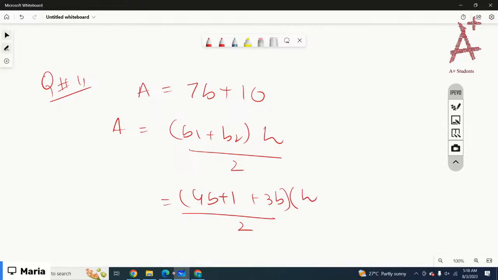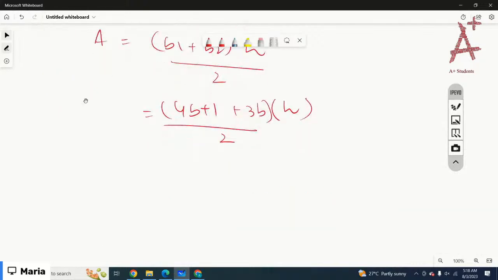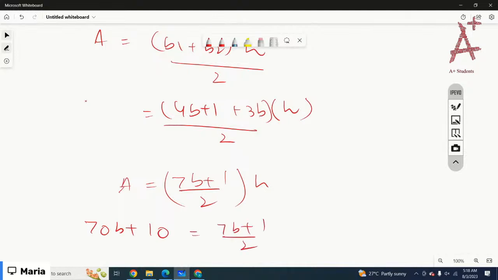Here you have h. So 3b plus 4b equals 7b. A equals (7b plus 1) over 2 times h. The area given is 70b plus 10 equals (7b plus 1) over 2 times h.